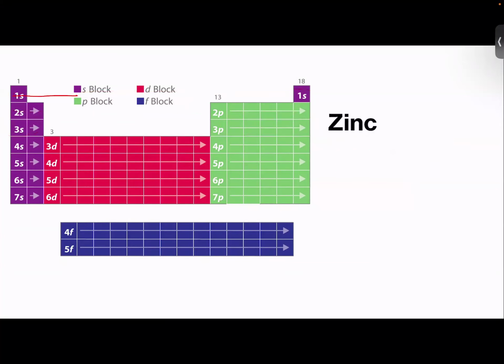Let's look at zinc. Zinc is element number 30. We start at the top. If we're writing the basic electron configuration, 1s2. Then we move to the next one, 2s2. Move over to the right, 2p6. Then we move to the 3s, 3s2.